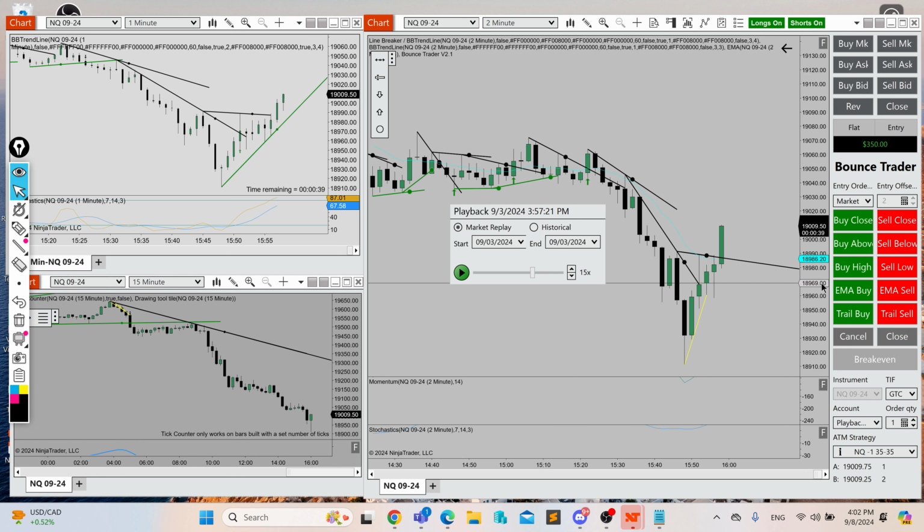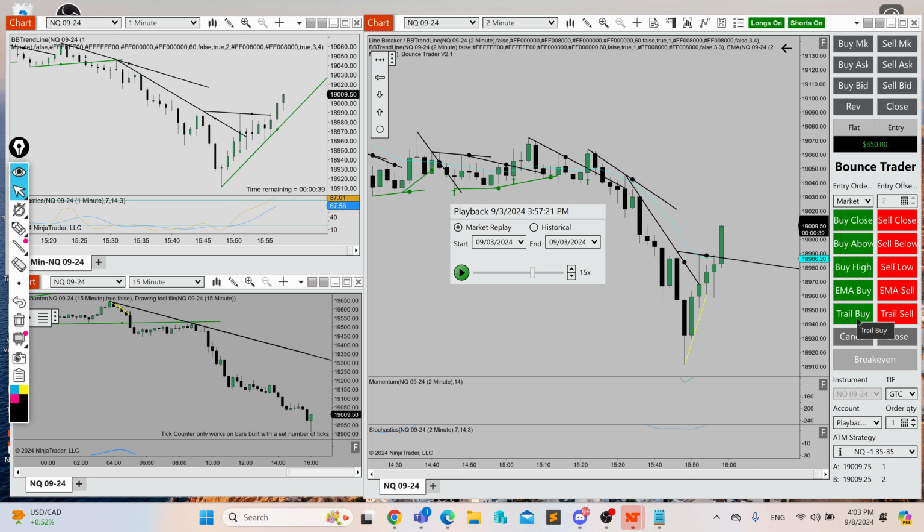EMA will trigger an order when price hits the EMA. You specify the EMA there. Trail buy is similar to EMA, but actually, trail buy is if we're moving downwards, and as soon as a bar forms bullish, it'll open a trail buy order.